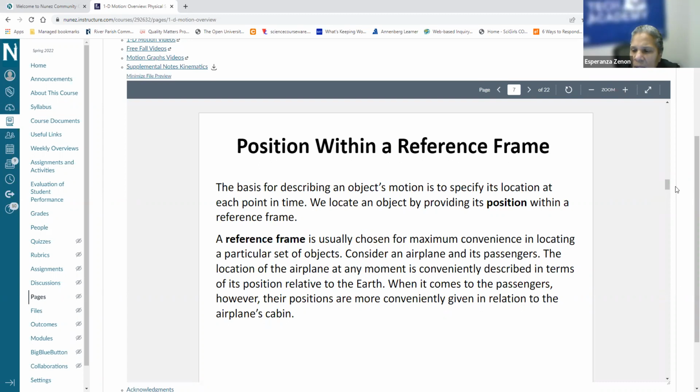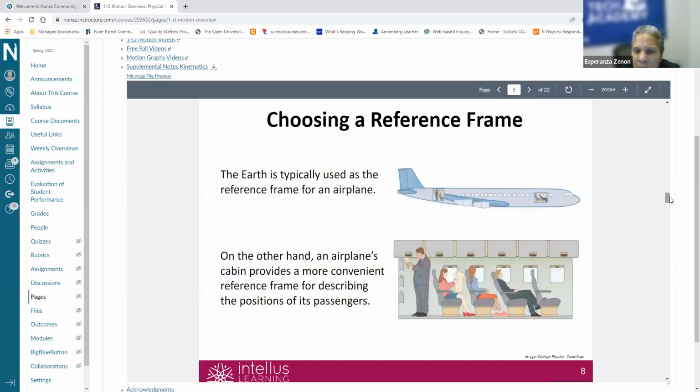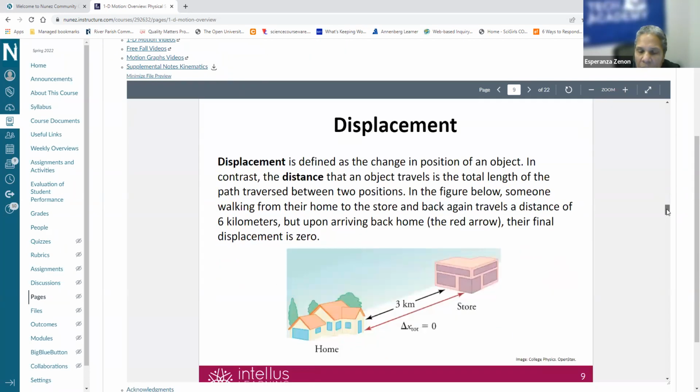Okay, so that idea of a reference frame helps us to establish motion. It's one of the things that must be present, and they give that example here with the plane. So you have to choose a reference frame in order to establish motion. Choose it in a way that makes that description as simple as possible. All right.